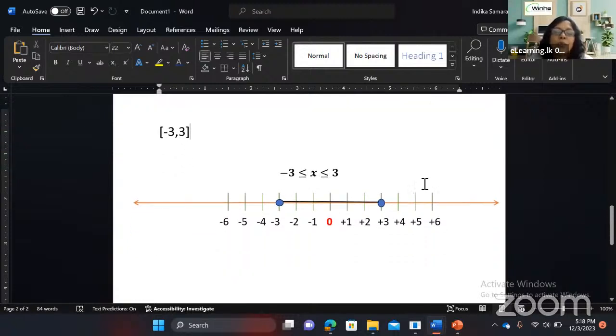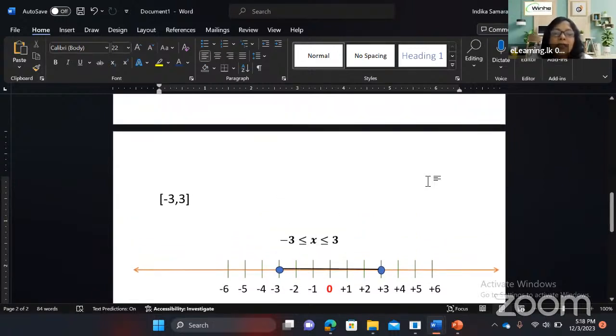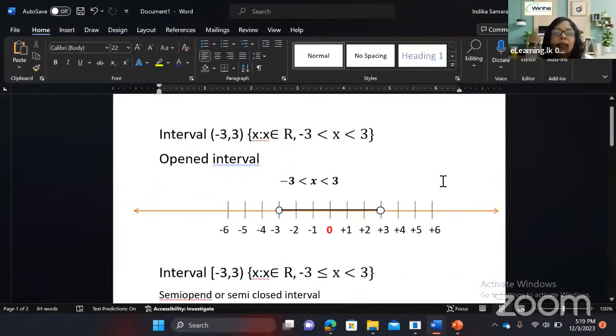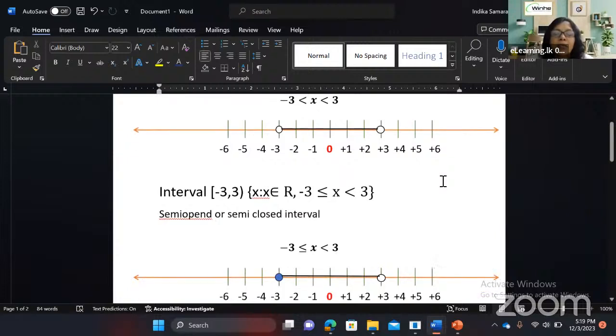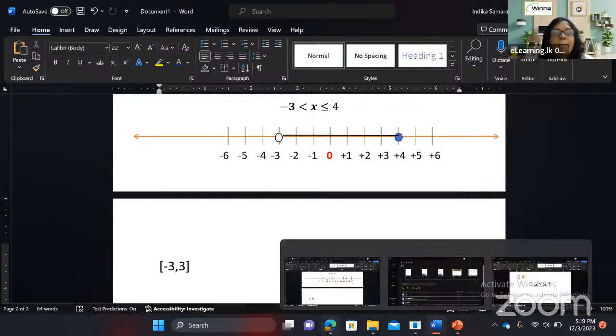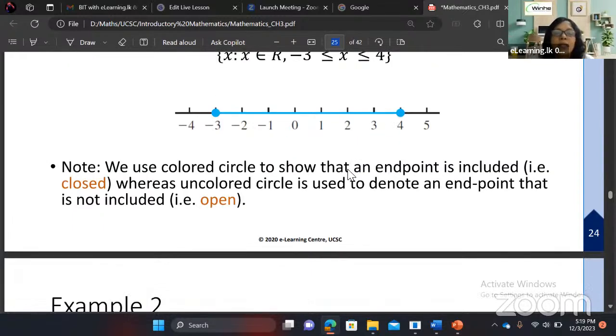That is how you should represent open intervals, closed intervals, and semi-open or semi-closed intervals on the number line. Right? Here you can see if it is a closed interval, it shows colored circles at the ends and a line drawn in between.